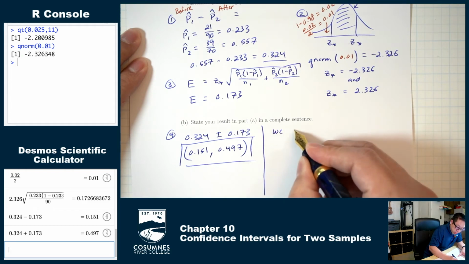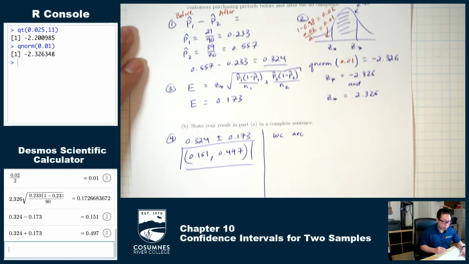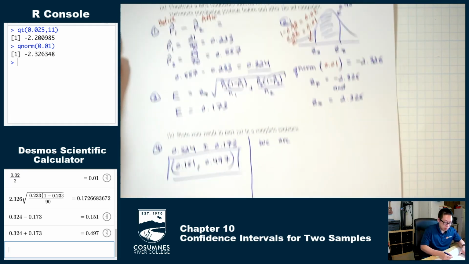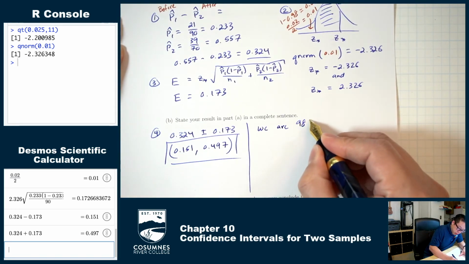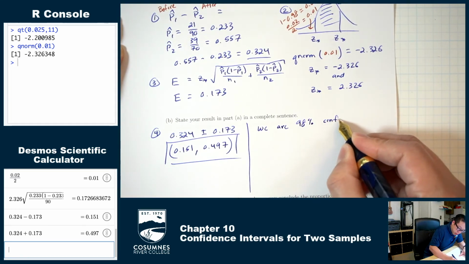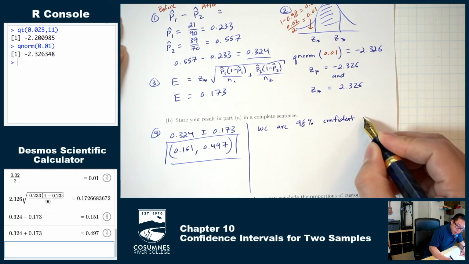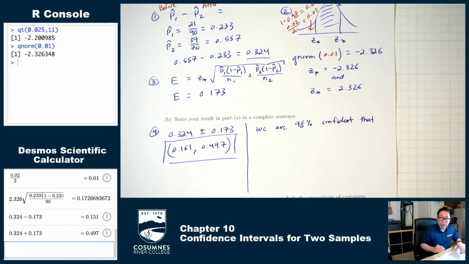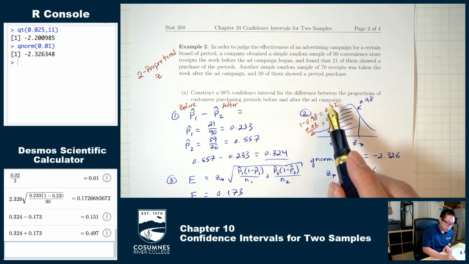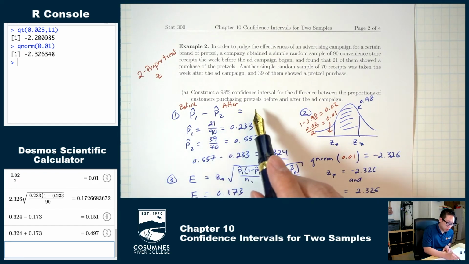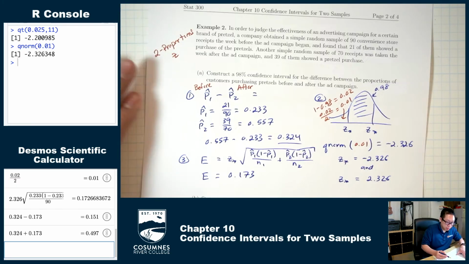State your confidence level. We are 98% confident that, what are we talking about here? The difference between the proportions of customers purchasing pretzels before and after the ad campaign.